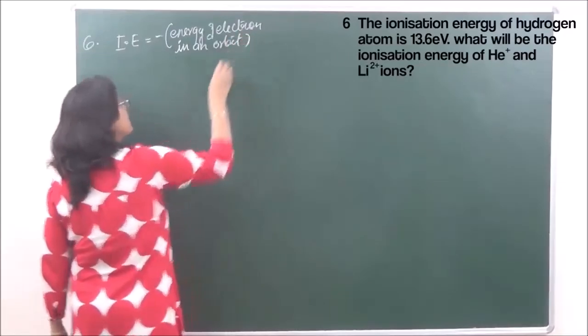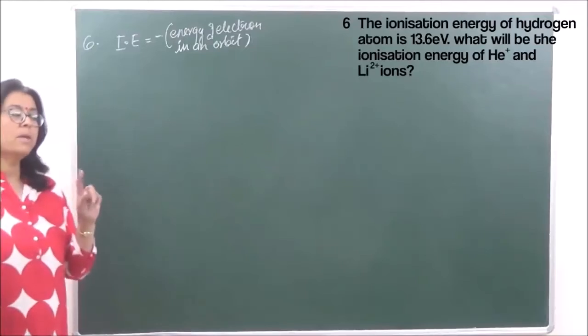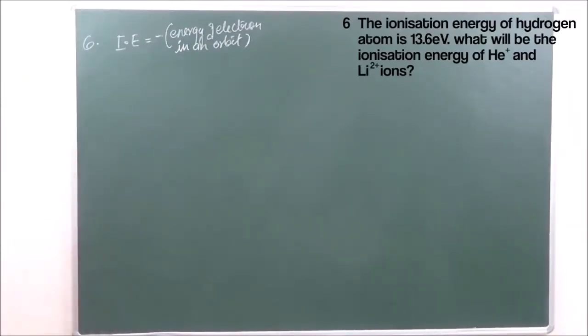This is what we have studied. That is why the ionization energy is same as the energy of the electron but with a positive sign. Okay? So this is what ionization energy is.